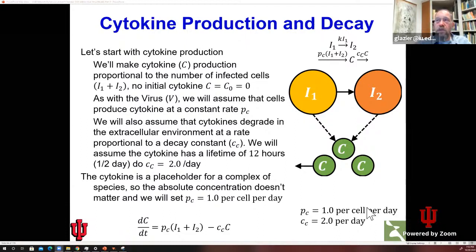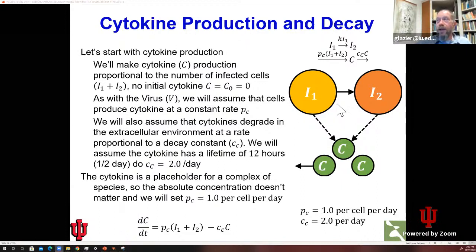And so we're now going to assume that our infected cells, our I1 cells and our I2 cells, have noticed that they're infected, and they're going to start producing cytokines. And the cytokines are released, and the cytokines also are eliminated. They're going to be eliminated in two ways. They're going to break down chemically, and they're also going to be eliminated by moving to the lymph nodes.